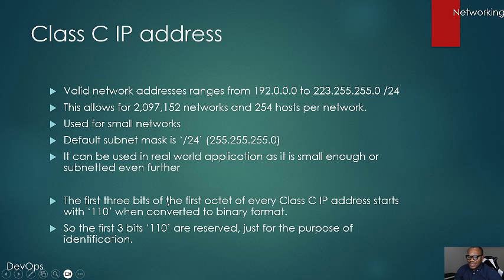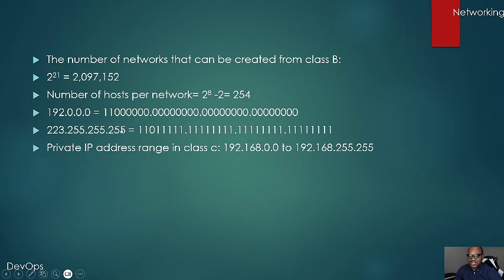And the first 3 bits of the first octet of every Class C IP address start with 110 when you convert it to binary. And the first 3 bits are reserved just for the purpose of identification. See, if you convert this IP address to binary, you see 110 at the start.